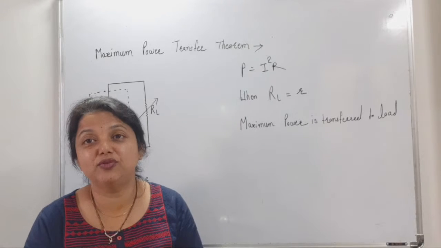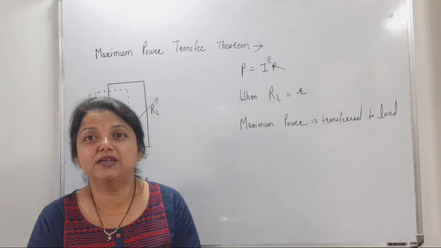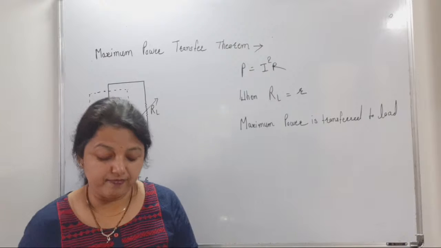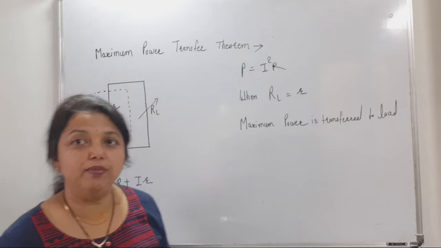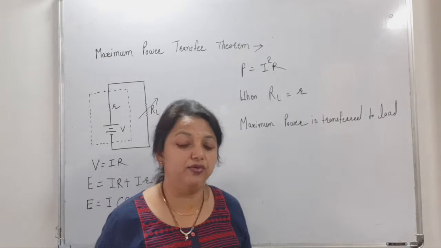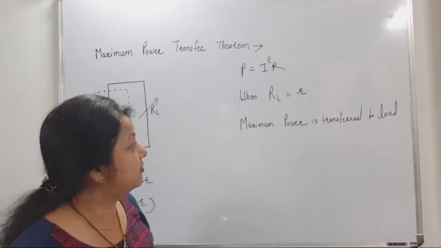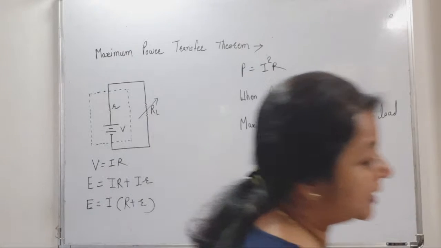That's why I try to take it today only. We complete that one numerical and then we continue in our next lecture. So I am going to draw that diagram.